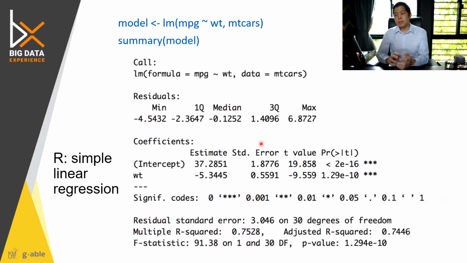These are the values that indicate whether these coefficients are significantly different from 0 or not. The meaning is whether this value can be treated as 0 or not, whether the value is high enough to be treated as not 0. And the test is the Student's t-test.